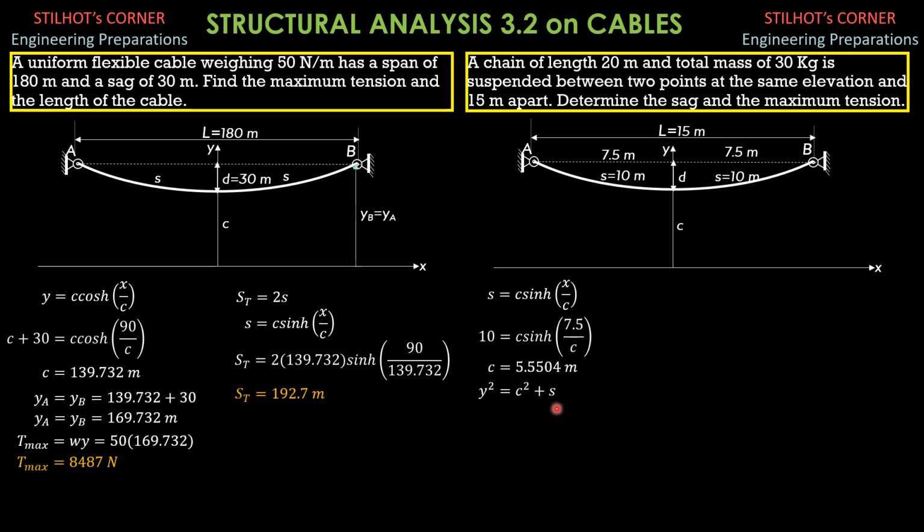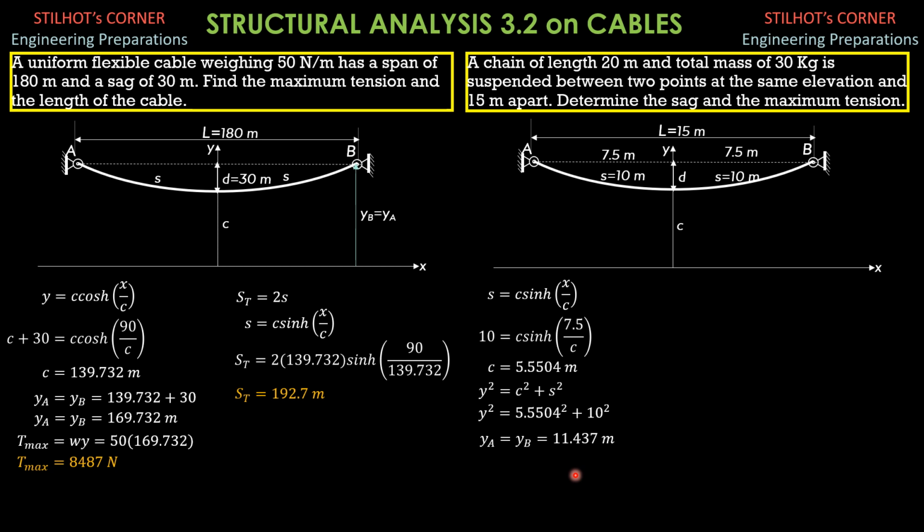Let's use this formula, y square equals c square plus s square, so that we'll just use that simple equation. So YA equals YB, that's the Y here. So Y square equals 5.5504 square plus S square, 10 square. So Y can now be found, and it is equal to YA or YB equals 11.47 meters.